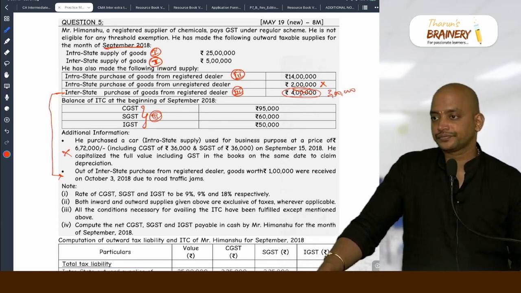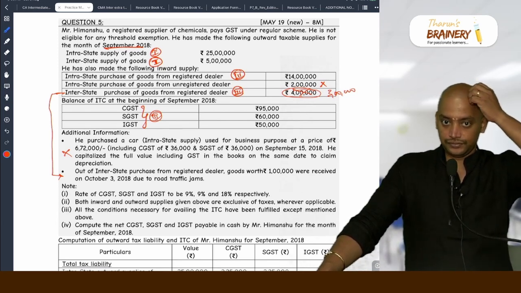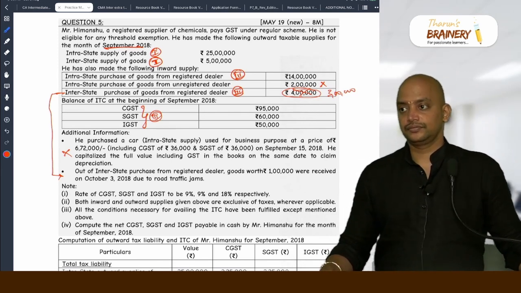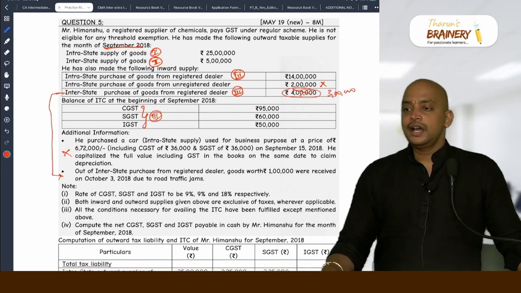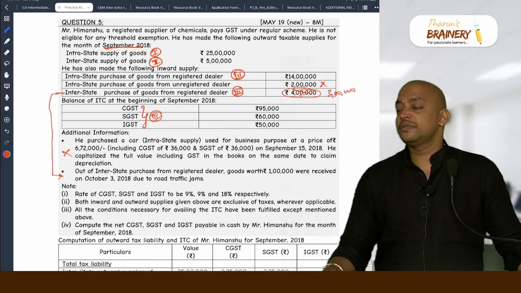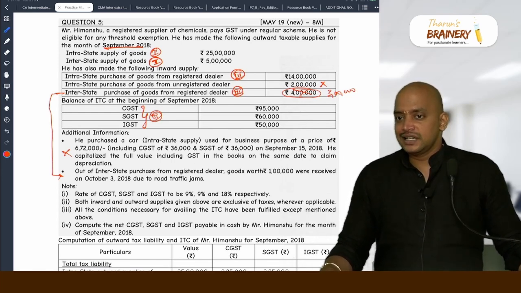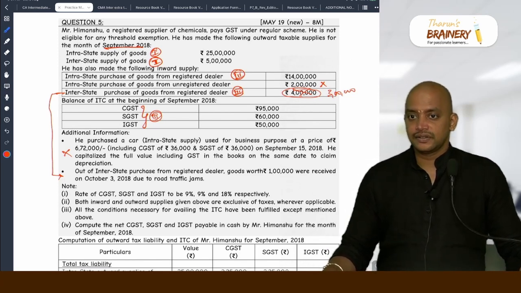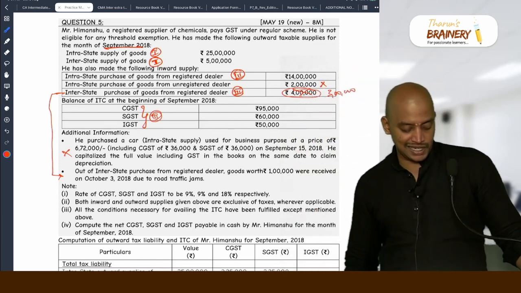How much? Now, computation of net GST payable. How much CGST? CGST 2,21,000, SGST 1,86,000, IGST 4,000. Okay. Now, net GST payable, computation of net GST payable.